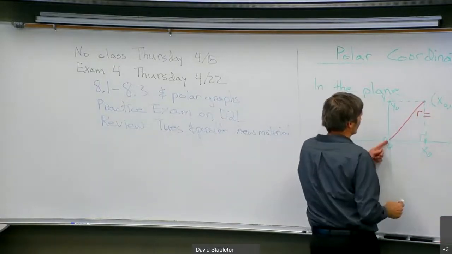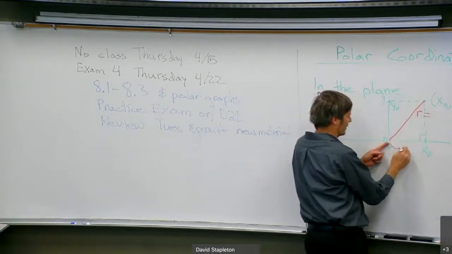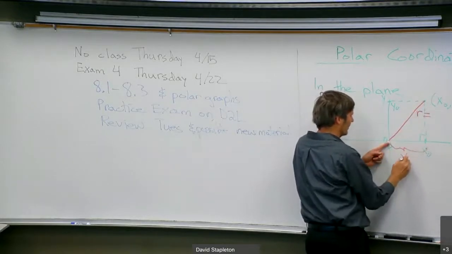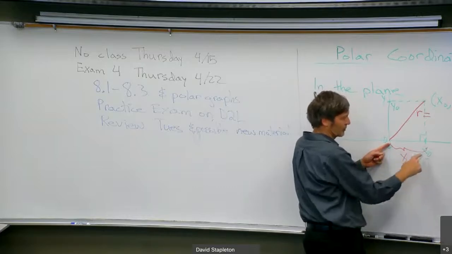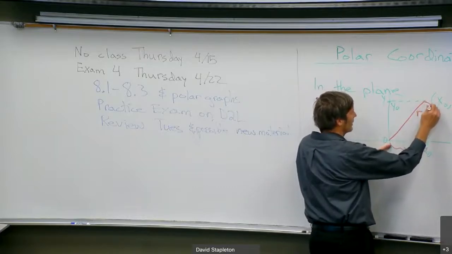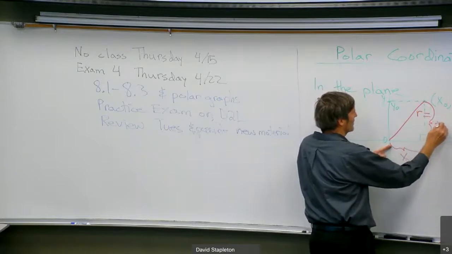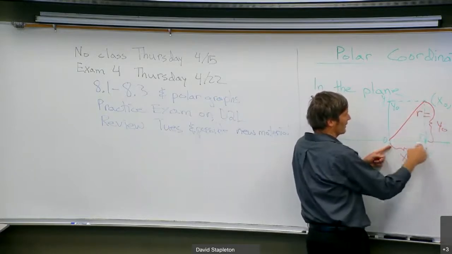Say, how far is it from here to here? Well, it's pretty easy actually, right? Because we know this distance is the absolute value of x0. Put x0 because we're in the first quadrant, but in general it's the absolute value. And this distance here is the absolute value of y0. And so what is R, the length of this one, by the Pythagorean theorem?